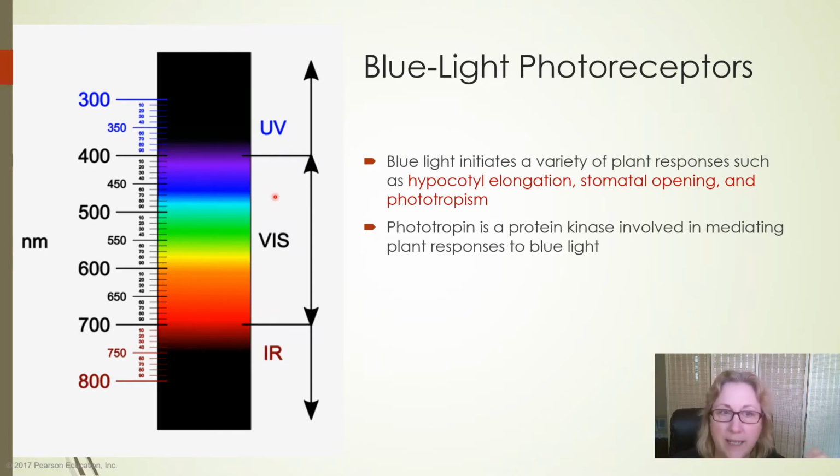So blue light is the most effective part of the spectrum at triggering your brain that it's daytime. And lack of blue light is the trigger that your brain uses to produce melatonin, which tells us it's now nighttime and it's time to sleep. And we'll talk more about that in a later chapter. But it's interesting that plants use blue light as well to determine which direction the sun is.